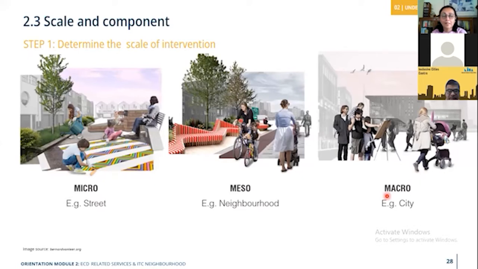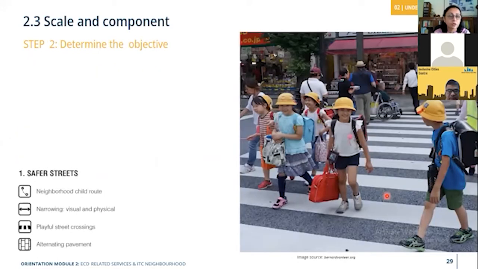And the last is at the scale of a street or a park, where redevelopment is also possible if the park or street already exists, to make it ITC friendly. So the first thing is to determine the scale at which you would like to intervene.